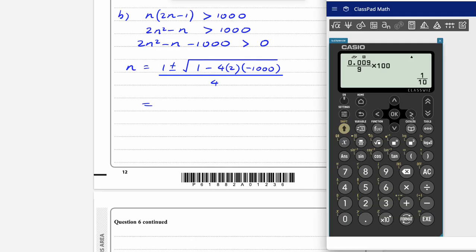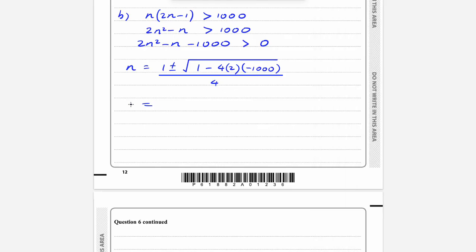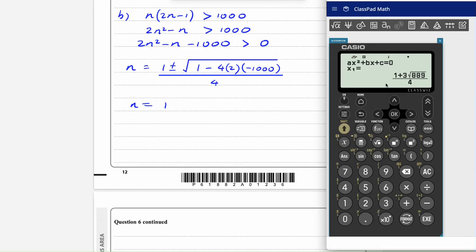Guys, at this point, you can just go to equation, and you can even go to inequality, but let me just solve it like this first. Polynomial 2, I'll go 2, minus 1, minus 1,000, and I get this.